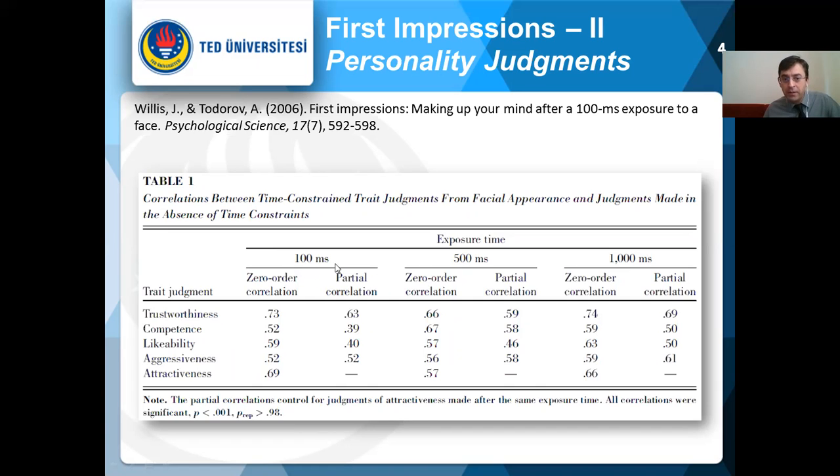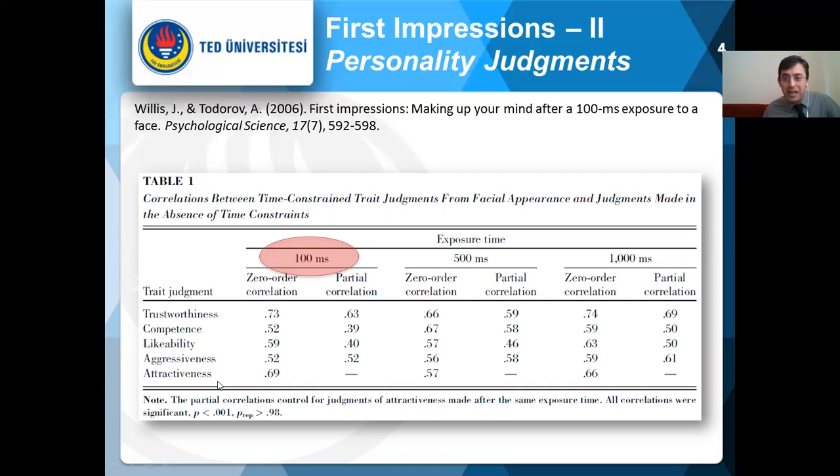As you observe, 100 millisecond correlations are very high with other exposure times, meaning that 100 milliseconds is sufficient to make a first impression simply from a face in terms of judging its trustworthiness, competence, likability, aggressiveness, and attractiveness.